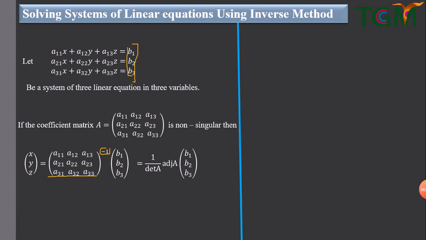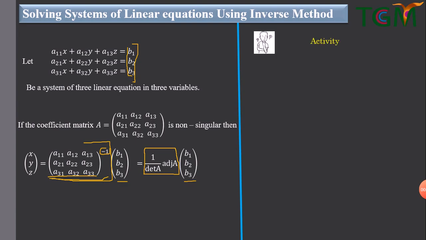The inverse of this matrix is this part, because 1 over determinant multiplied by the adjoint of A is the inverse, multiplied by b1, b2, b3, which is this one.